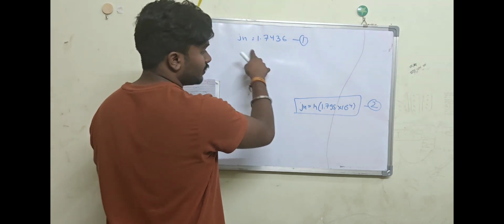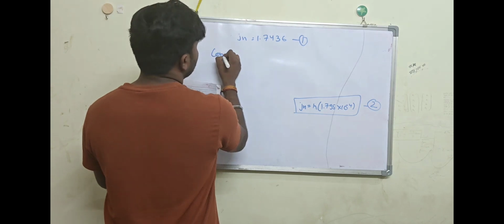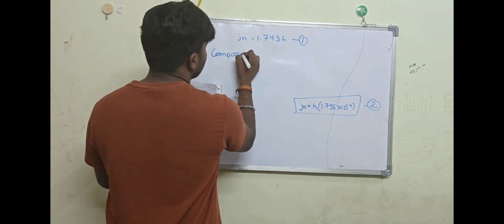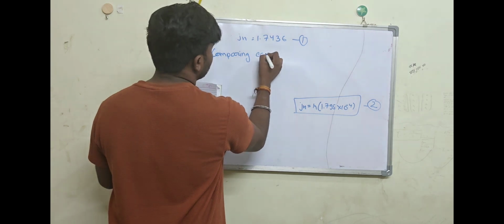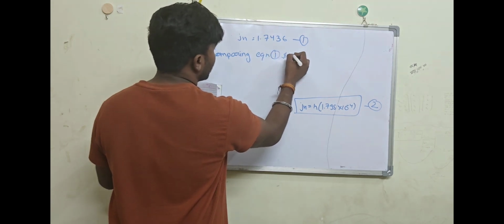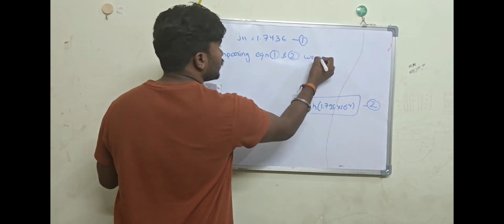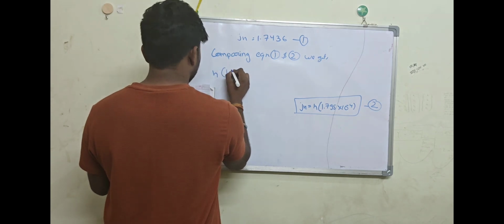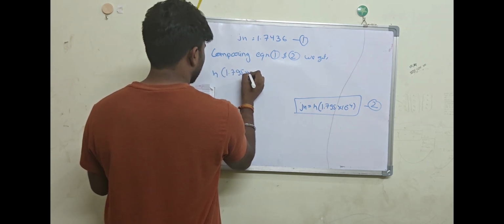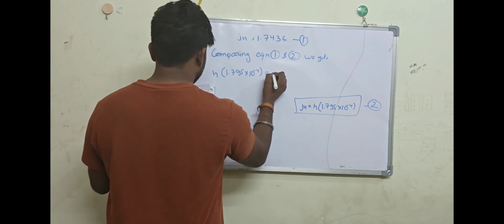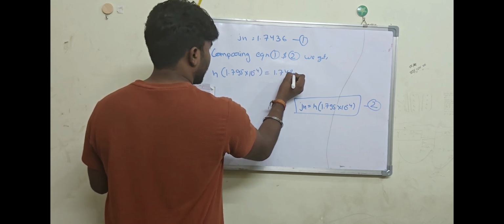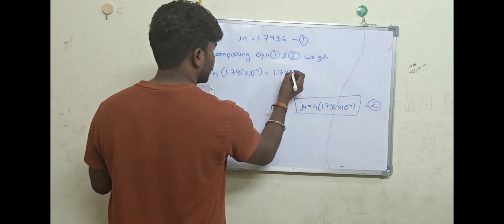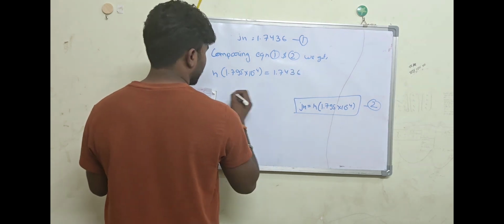Comparing equations 1 and 2, we get H into 1.795 into 10 to the power minus 4 equals 1.7436.